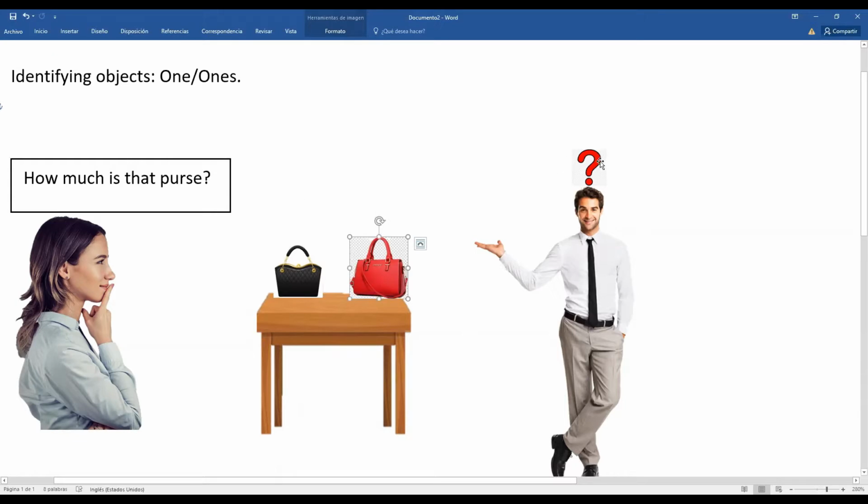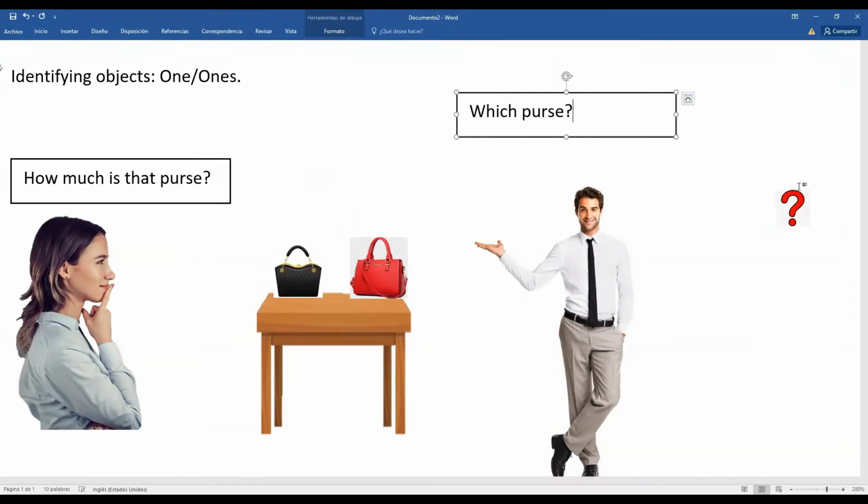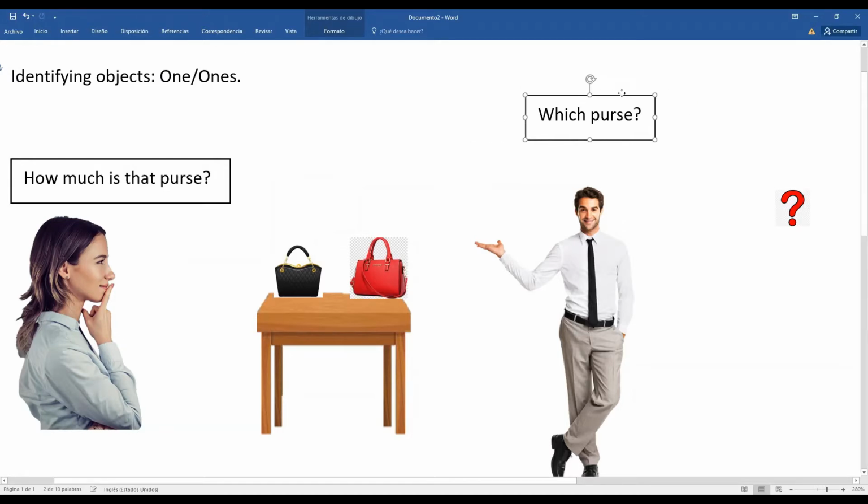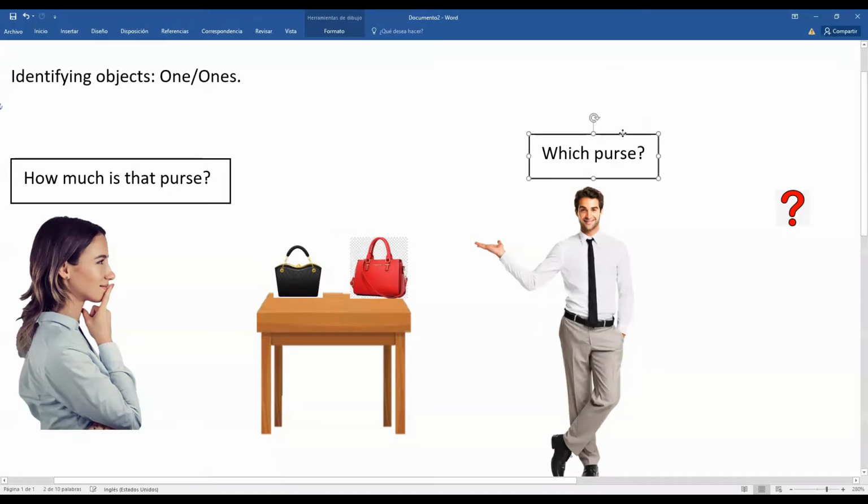So again, he is very confused. He doesn't have an idea which purse the woman is referring to. So he asks one question to the woman, which purse? And then with this question, the woman needs to specify which purse she is talking about.